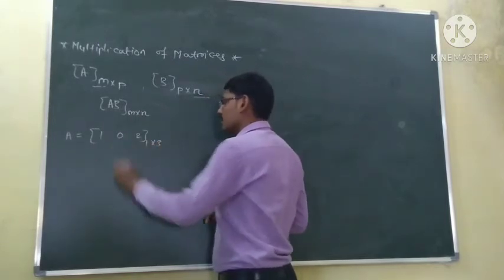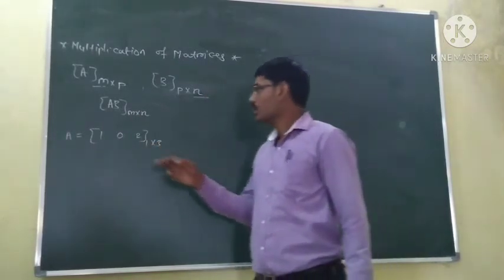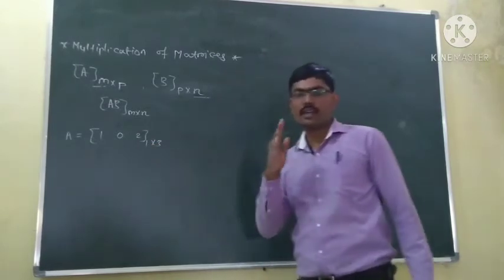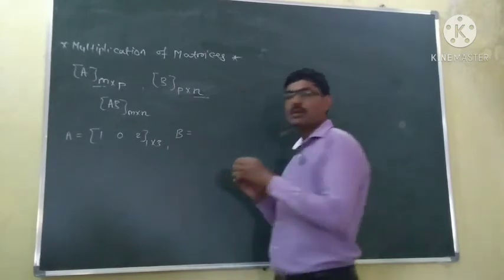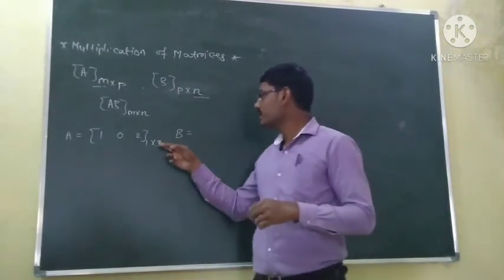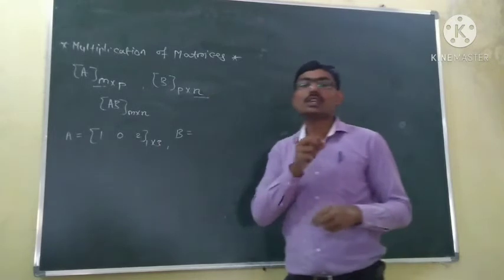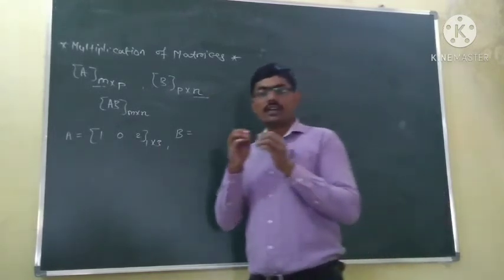So 1 by 3. For multiplication, that is for A into B, the order of matrix B must be 3 by something. That is, the other matrix must have 3 rows. There is no restriction on the columns.